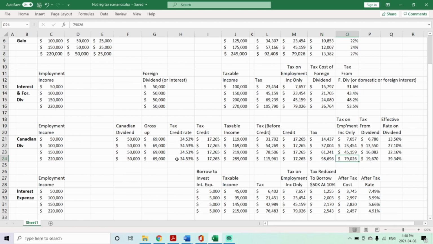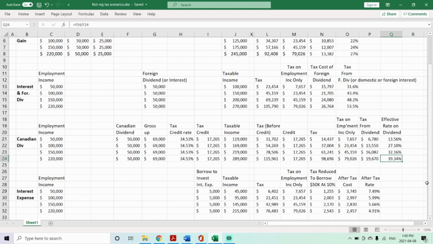Tax on $220,000 employment income or interest income or rental income, just income, is $79,026. So therefore the tax from the Canadian dividends is $19,670. $19,670 divided by $50,000 of dividend is 39.34%.